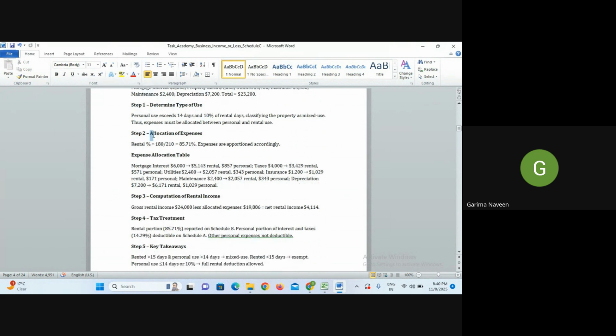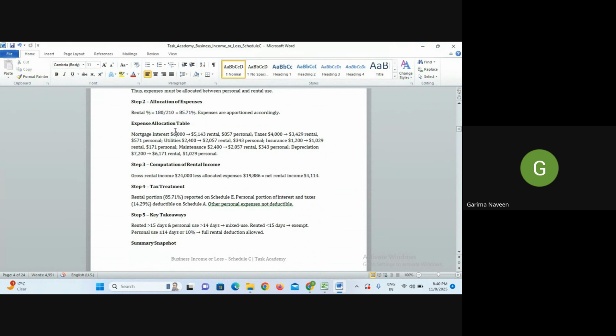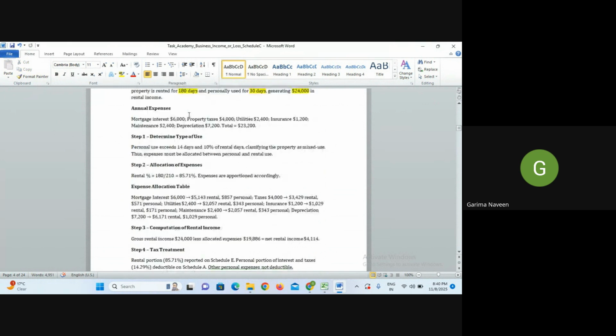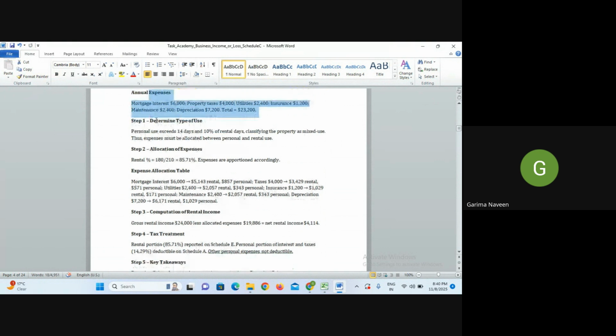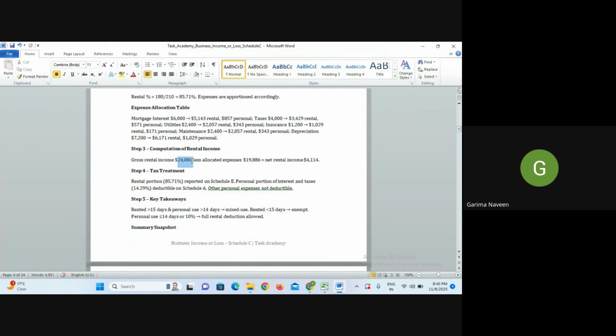Okay, so allocation of expenses, how to allocate these expenses? Again, you have to prorate the expenses. So you need to prorate these expenses to your personal and rental part. Now, expenses related to your rental part, you can deduct from your gross income, from rental income.